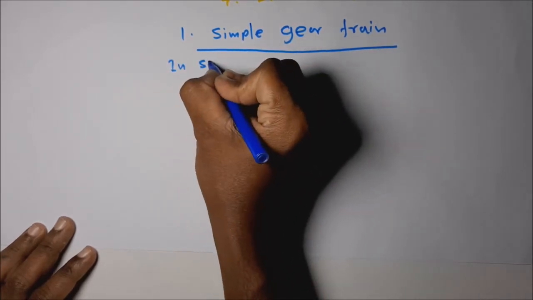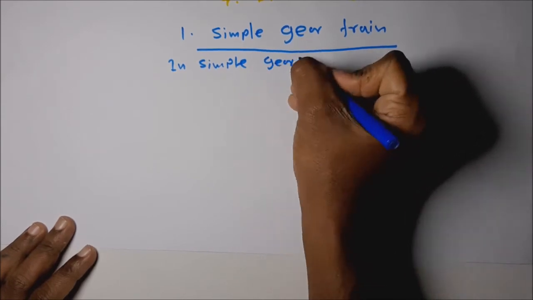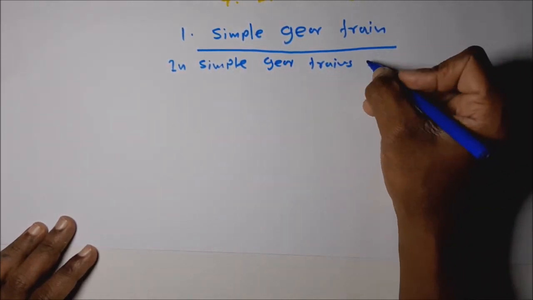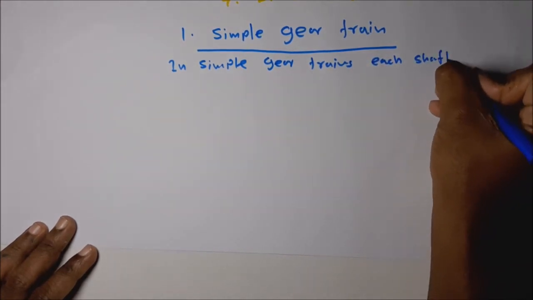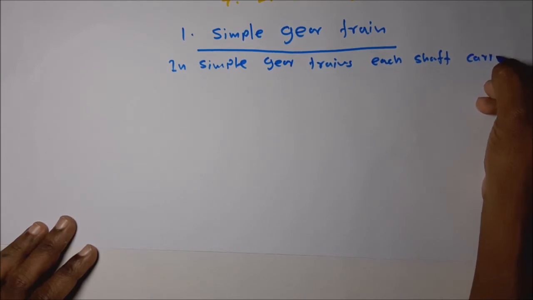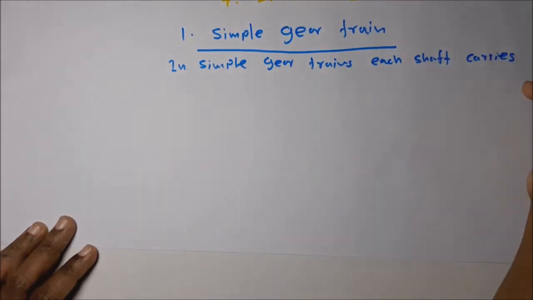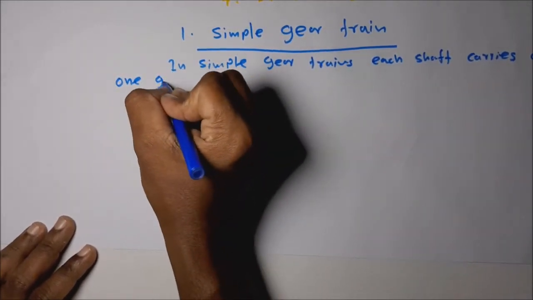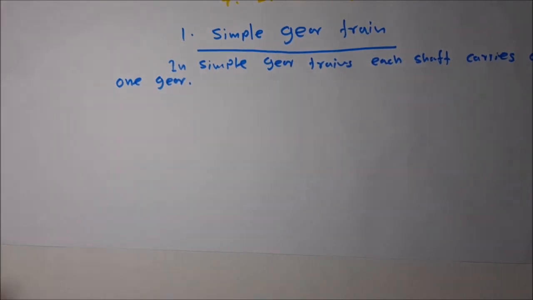In simple gear trains, each shaft carries only one gear. Only one gear. Each shaft carries only one gear.